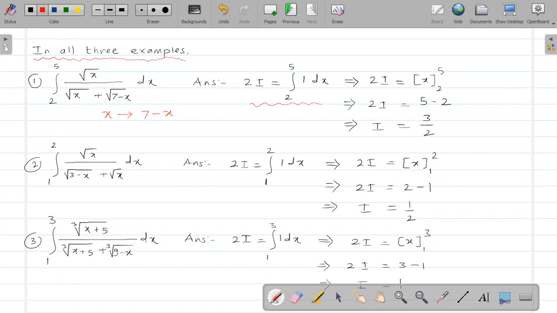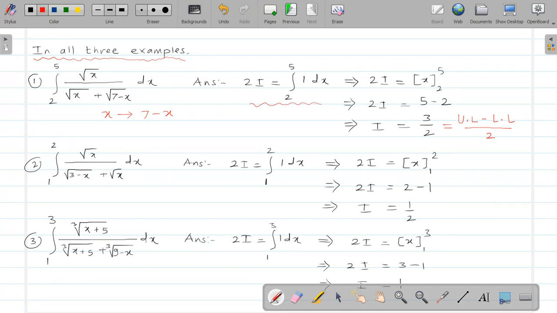Then by solving that you will get 2I is equal to the integration of 1, which is x, and then putting the upper limit and lower limit, we get I is equal to 3 by 2. Now if you observe this 3 by 2, it is nothing but 5 minus 2 upon 2, that is upper limit minus lower limit upon 2. We get this type of answer.